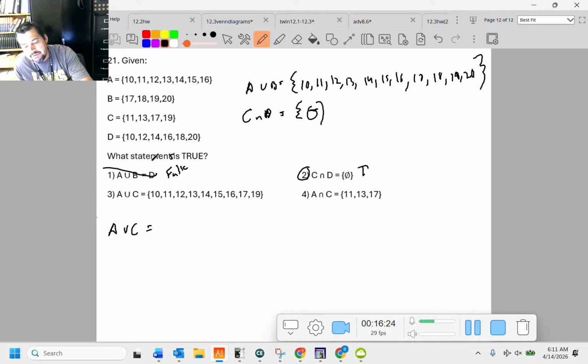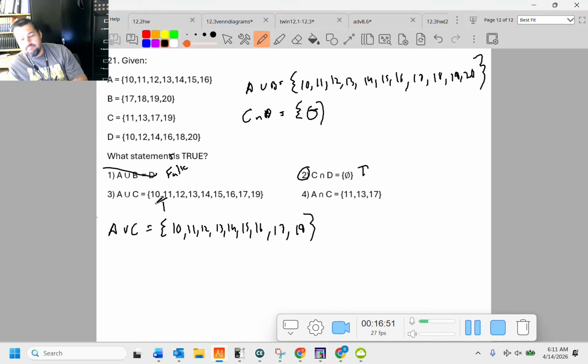It's going to contain 10 through 16. And then it's going to contain, it's already got an 11, it's already got a 13, it's going to contain 17 and 19. And if you'll look up here, this is also true. So those 2 statements were true.